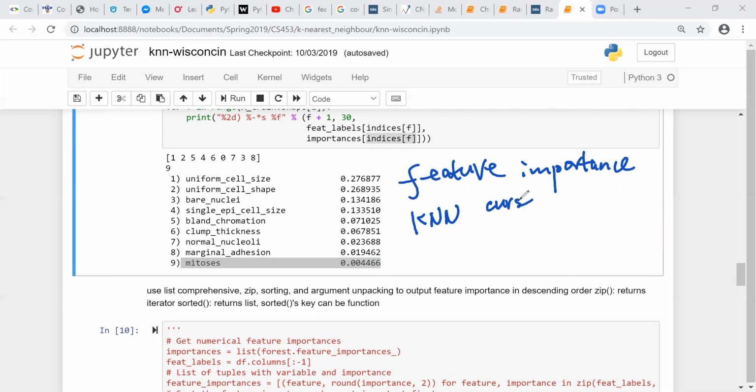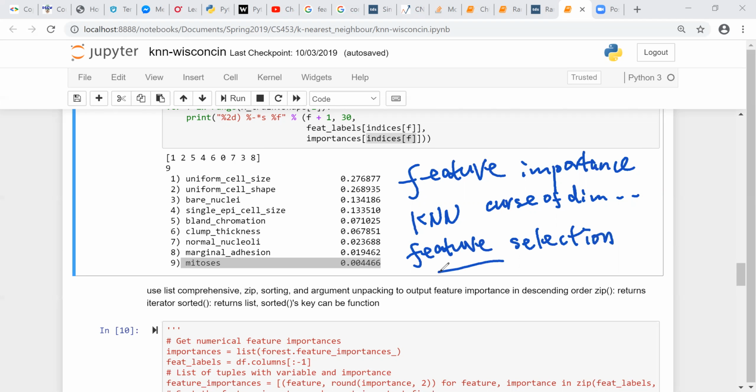The way to get around the overfitting problem, because it's easy to lead to overfitting with KNN and the decision tree, is to use this feature importance, which we call feature selection.